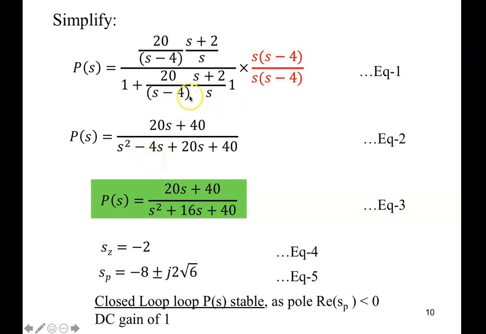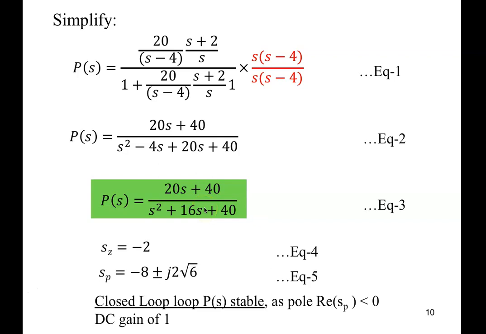Then multiply this s times s minus 4 into here. This s cancels that s out, and this s minus 4 cancels that s minus 4 out. So I have 20s and 20 times 2, which is 40, left. I end up with a transfer function like that, because I can merge these two terms together, which gives me a positive 16s. Now this is the transfer function between Y and R.